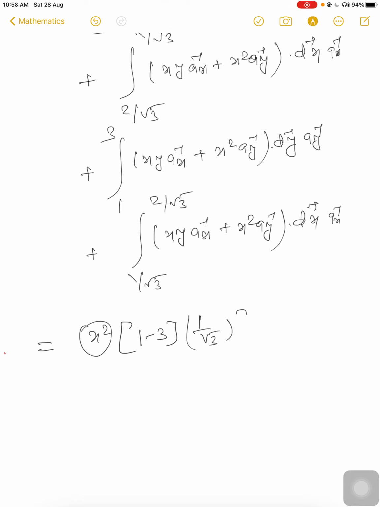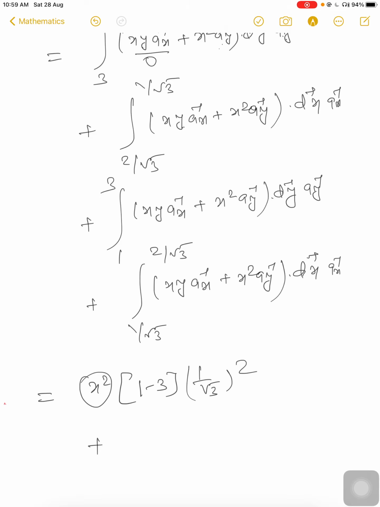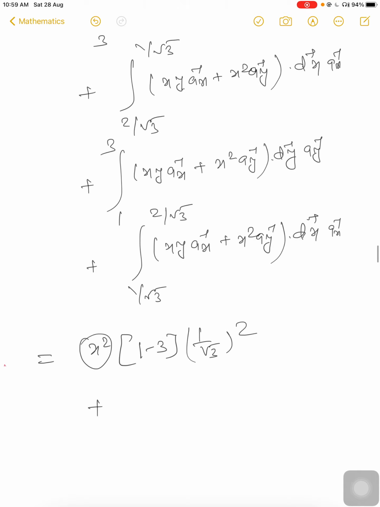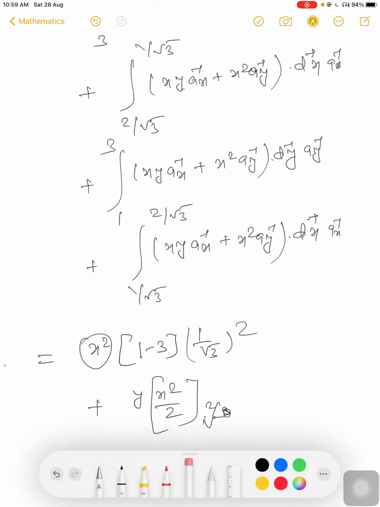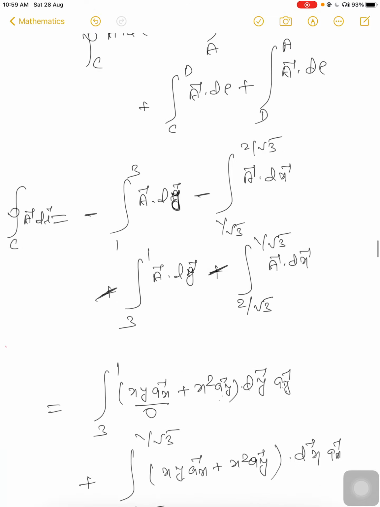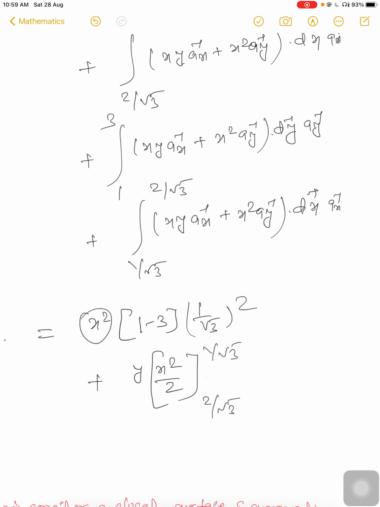So we can write for this one 1 by root 3 whole square, plus here dx, you will get only dx, and integrating x square gives y x square by 2, with the limit for x square from 2y root 3 to 1y root 3, and y here is 3 only. Next step we will take.